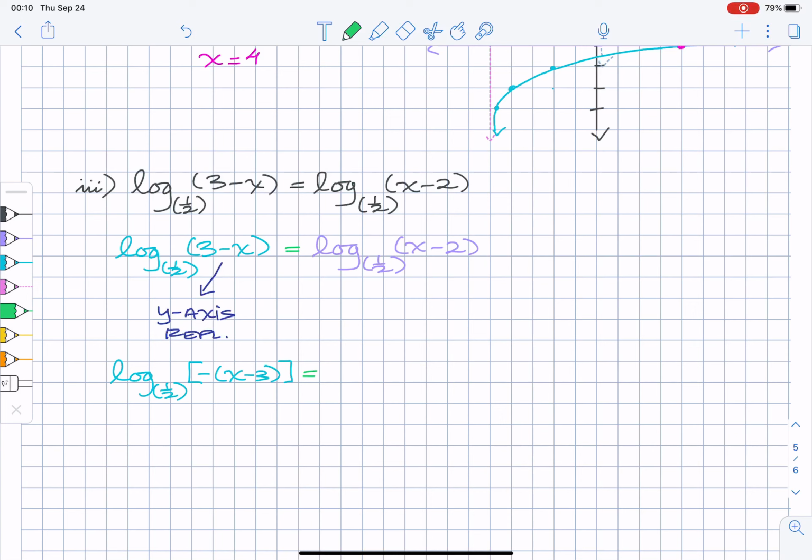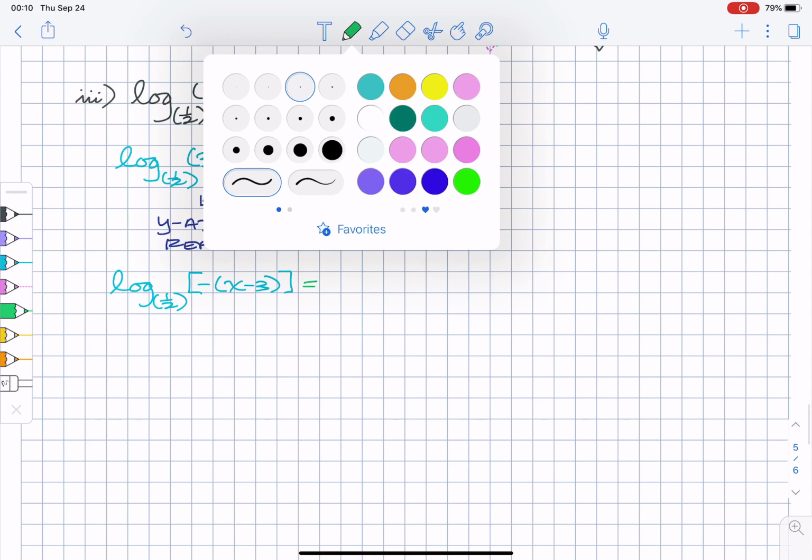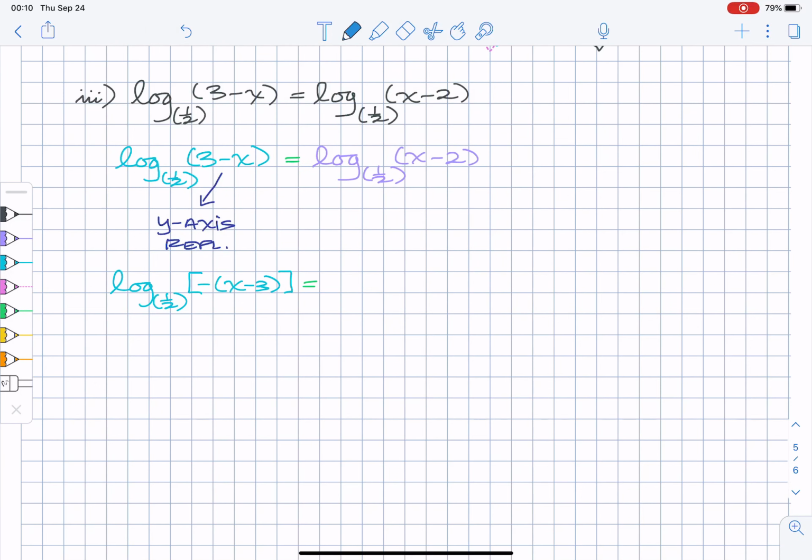But does that mean I can go to the right 3? What happens if I go to 4? If I go to 4, I'm going to have a negative argument, which is impossible, right? So it does look like this goes to the right 3. So this is going to be right 3.